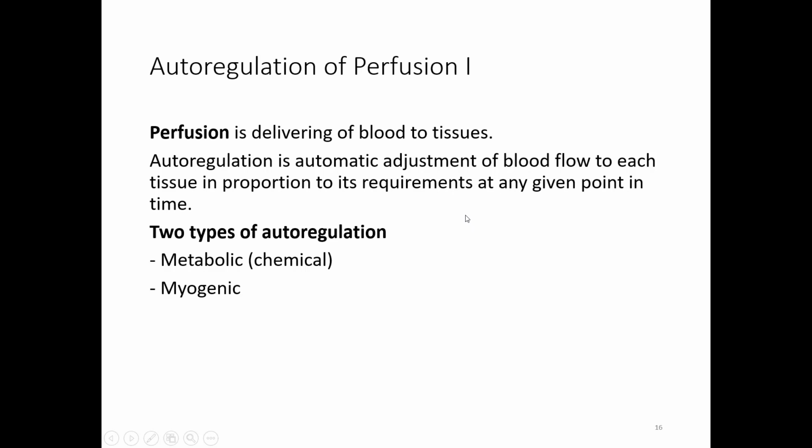What does it mean? When muscle is working, then it needs more blood. So it will receive more blood, even if other muscles of the body that are not working at that time will not increase their perfusion. There are two types of autoregulation: metabolic or chemical, and myogenic.